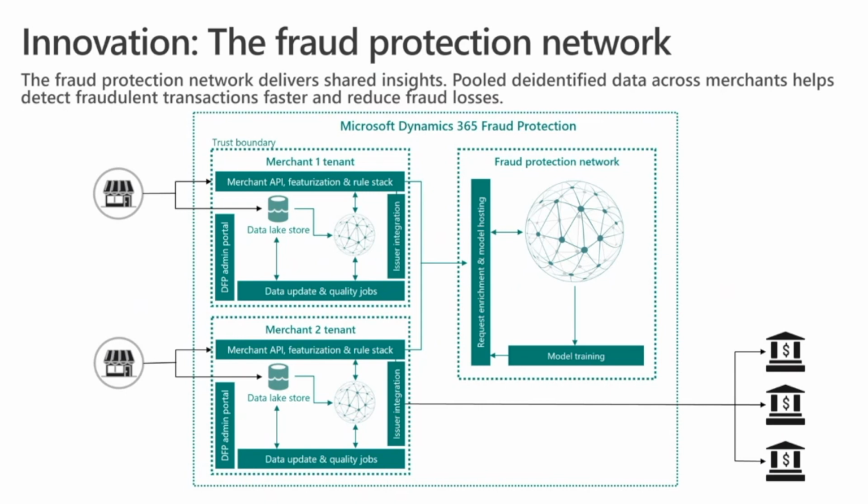That information is then passed into the fraud protection network. In other words, no data flows into the network that in any way can be linked back to you as a merchant or to your customers. No one can look inside the fraud protection network, because if you were to look inside, all you would see are a bunch of blobs of text that make no sense.